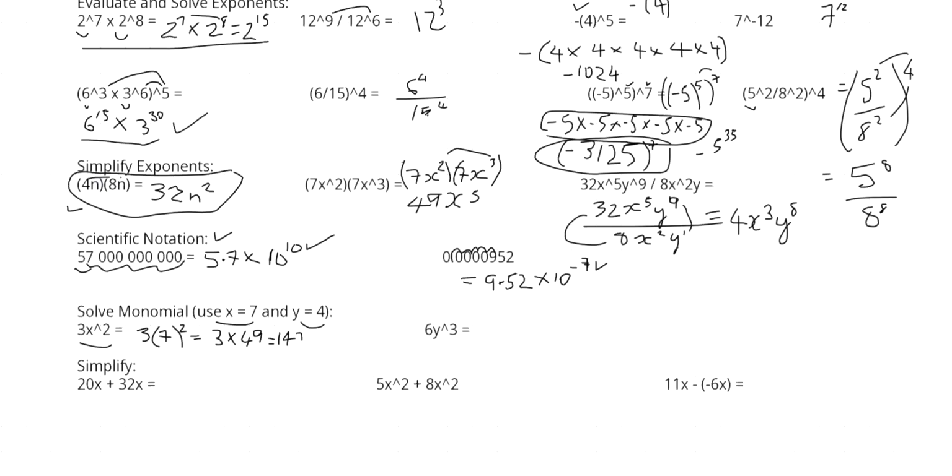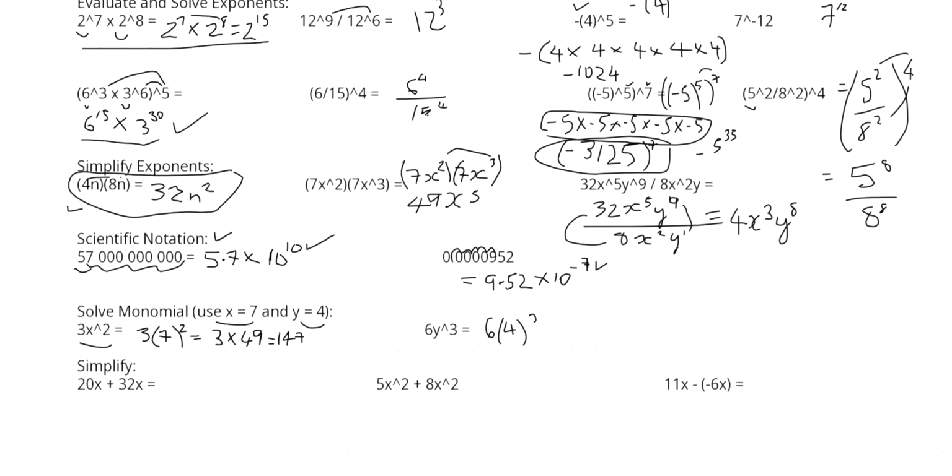Okay. So let's look at 6 times y to the power of 3. So if we substitute 4 in the place of y, again, we have to remember the rule. You're gonna have to do the exponent first. So we're gonna say 4 to the power of 3, and that answer is just to multiply 4 times itself 3 times.